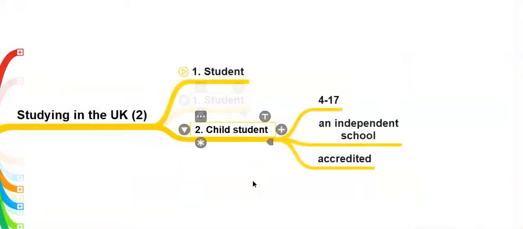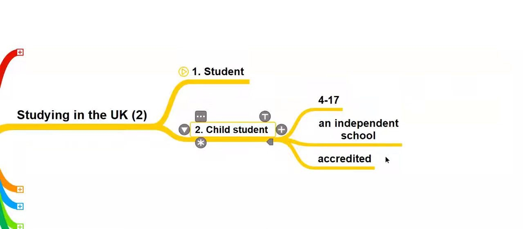So this route is for children between 4 years and 17, and to qualify you'll need to study at an independent school in the UK. And this school will need to have a student sponsor status. So in other words, it will need to be accredited by the Home Office. It has to have a special license, and it has to be on the list of recognized sponsors.